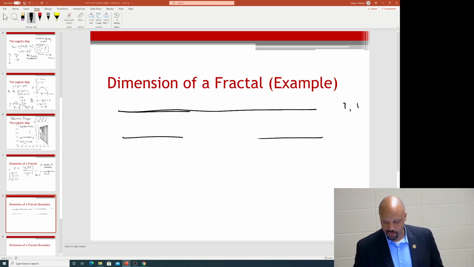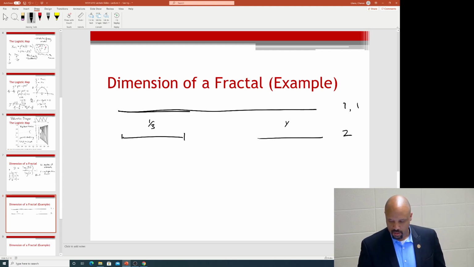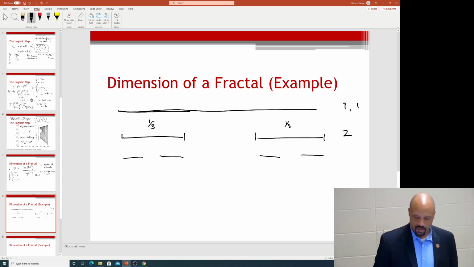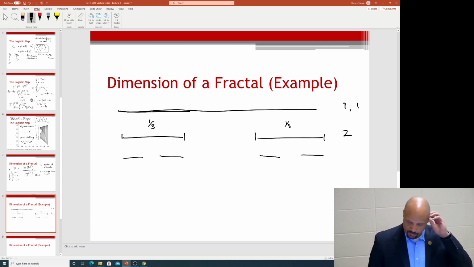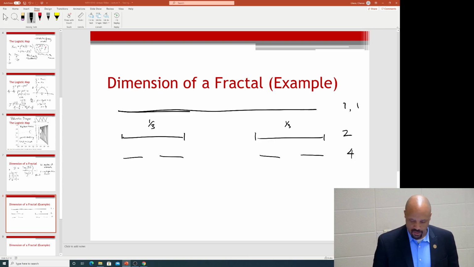The next iteration has 2 elements, but their length is 1/3. If I did it again, it's 1/3 of 1/3, and you have 4 elements here. So this is 1/9 length.